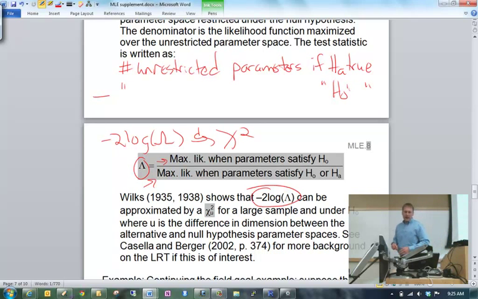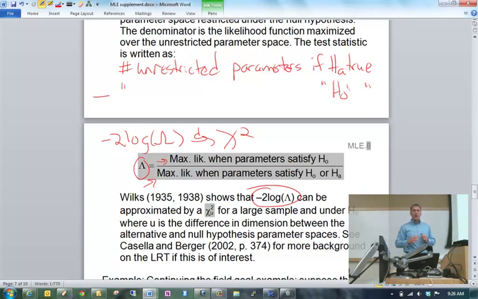I phrased it in a more mathematical way there on page 8 in my notes. I think this is a little bit easier way to think about it. And if this is still not clear what that means, I will have an example very shortly that will explain it very, very well.